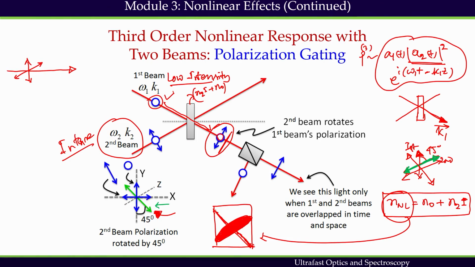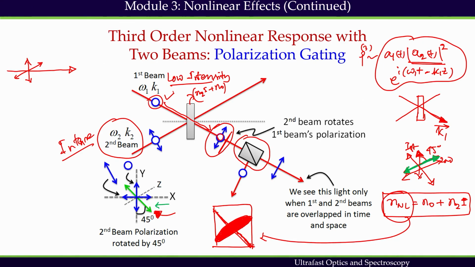They can now be separated by a polarizing beam splitter. This kind of beam splitter is available which can separate two polarizations along two different directions. This arrangement is called polarization gating, which is used in polarization spectroscopy or polarization gating spectroscopy, and is used in nonlinear optical spectroscopy and nonlinear pulse measurement.